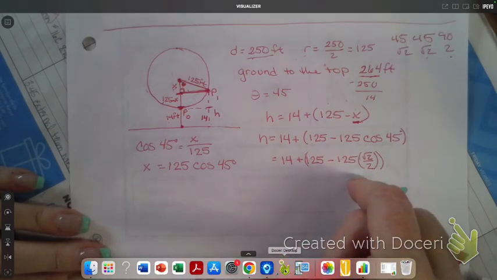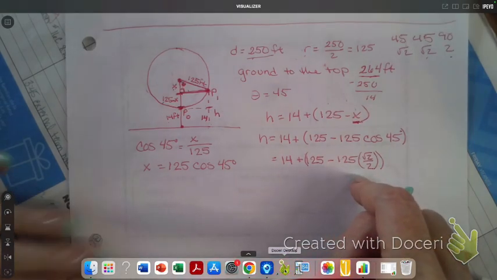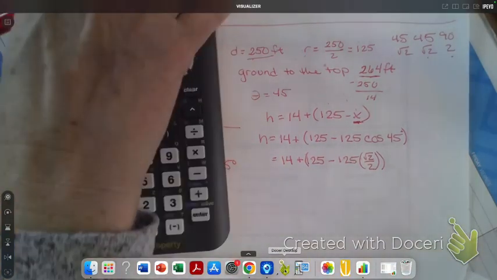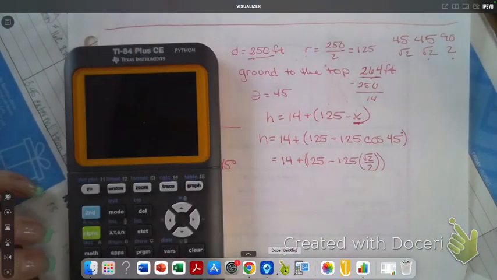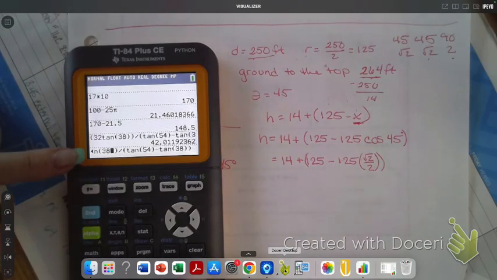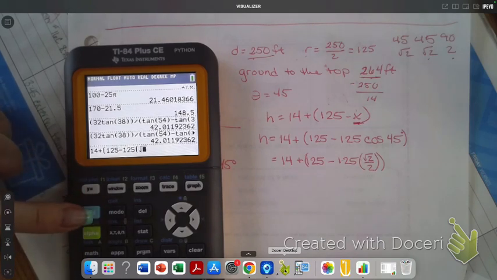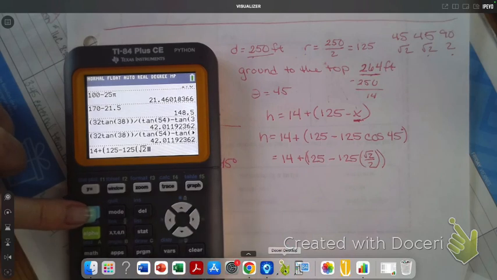If I don't give you a calculator. Got it? With a calculator, you just put it in the way it is. So 14 plus parentheses 125 minus 125 times the square root of 2 divided by 2.